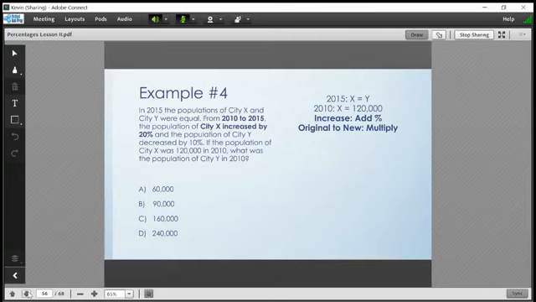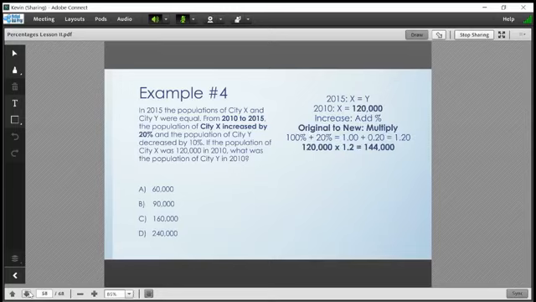Because I'm going from original to new, I'm going to multiply. Because I'm adding the percentage, I'm taking that 100% and adding 20%. Decimalized, I'm taking that 1, same thing as 100%, and adding 0.2, the same thing as 20%, which gives me 1.2. So that's my first step.